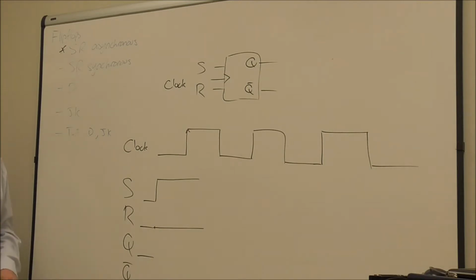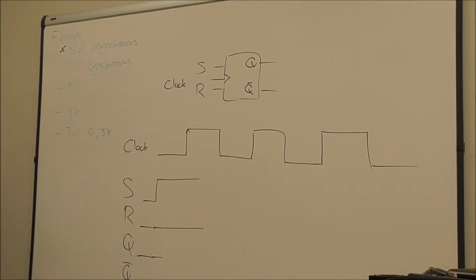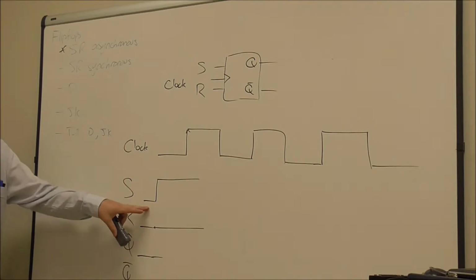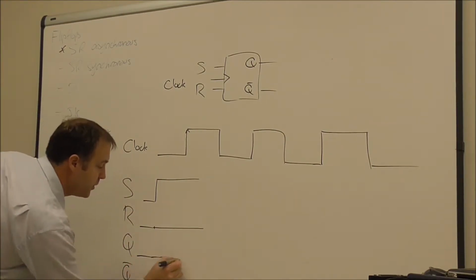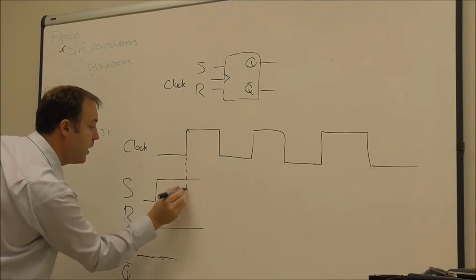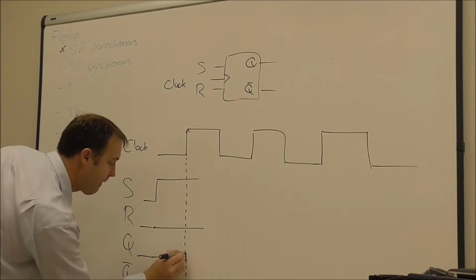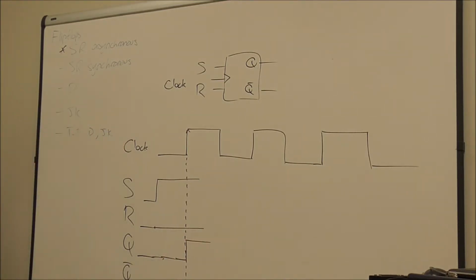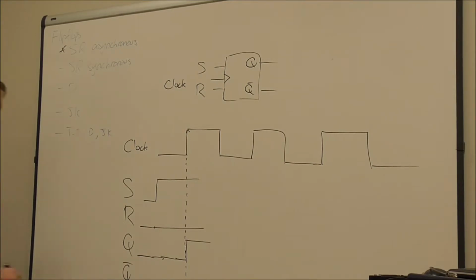And when it changes, that's when it looks at S and R and says, right, this is what I need to do. Okay, so when S and R are both low, we get no change. When S is high and R is low, it wants to set the output to high, and it will do that at just about the same time as the clock pin goes from low to high.